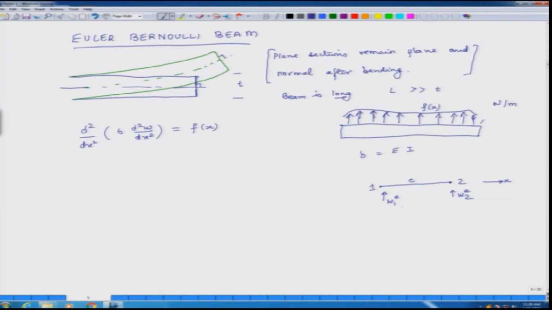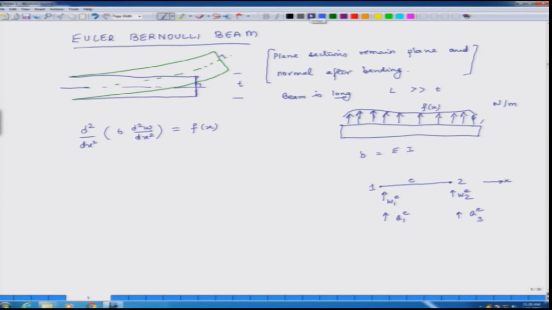Similarly, for the shear forces, Q1e is the shear force at node 1, and Q2e at node 2. Oh excuse me, I will actually call it Q3.